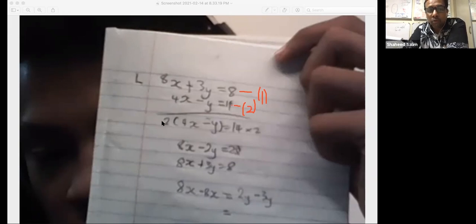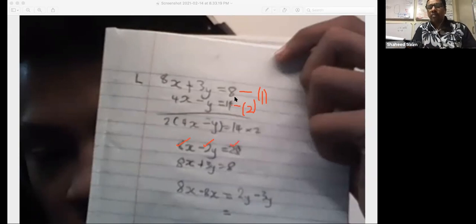Can you see now? 2 times 4x, you get 8x, correct. 2 times minus y, minus 2y, correct. 14 times 2, 28. So Ryan has multiplied the second equation by 2. Why is he doing that? He wants to make this 8x and this 8x, so when you minus, it can disappear.